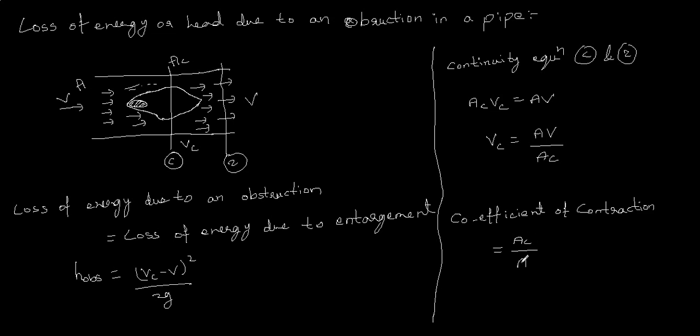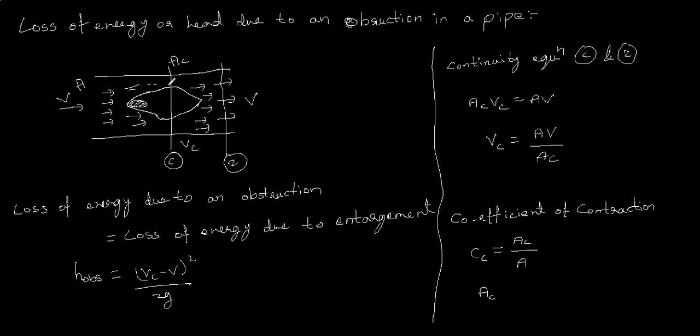CC is equal to, sorry, the area at the vena contracta to the area of the flow which is causing the variation in the cross sectional area. So how are we getting the vena contracta here? Due to the obstacle present.